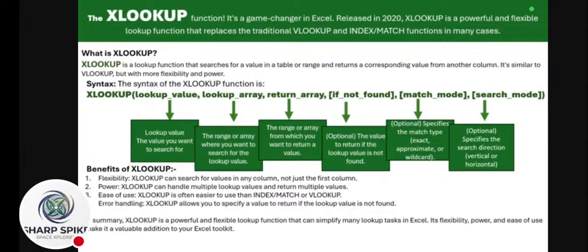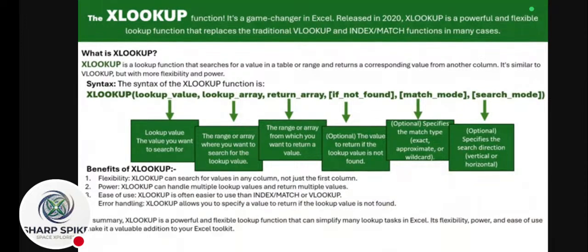So let's learn what is XLOOKUP. The XLOOKUP function searches for a value in a table or range and returns a corresponding value from another column. It's similar to VLOOKUP but with more flexibility and power.